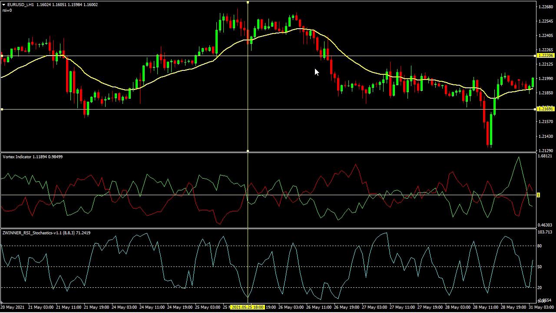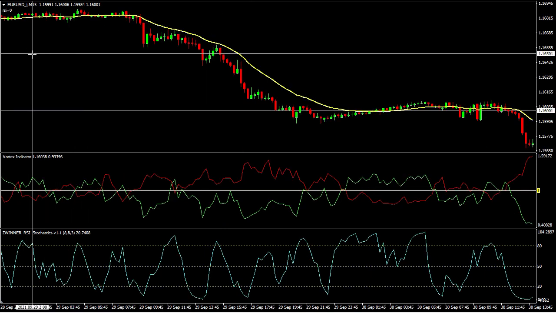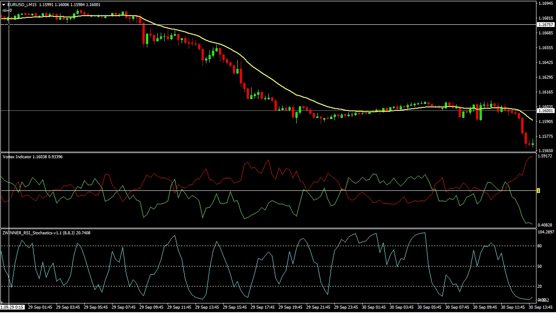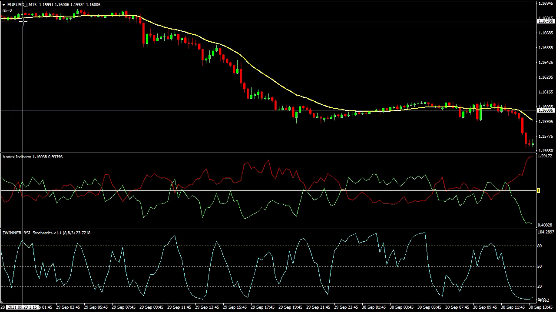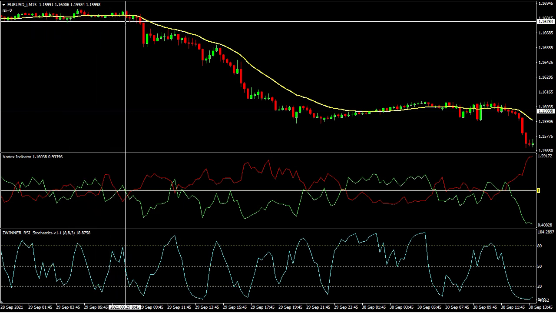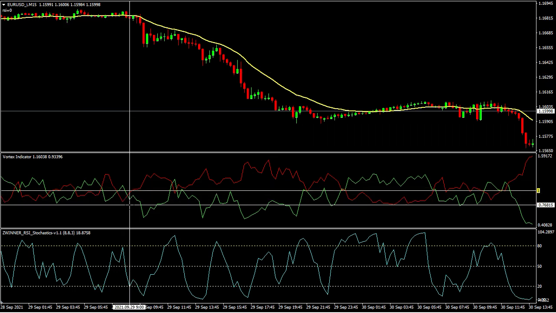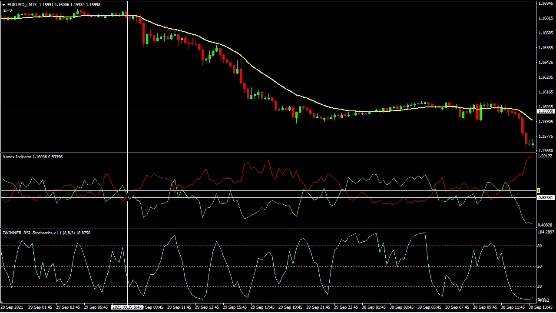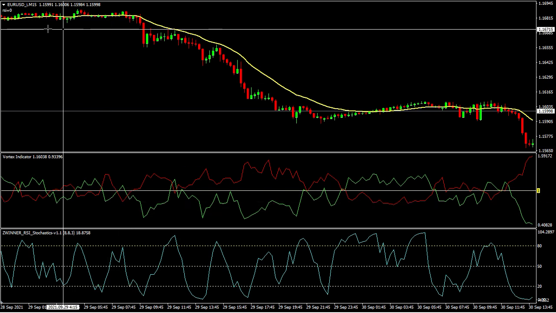Okay, now let's go to 15 minutes and have a look. Okay, here we are on the 15 minutes Euro USD chart. You see the market is in a consolidation, and then at about 8:45 we get a sell signal here. Let me put a line there.